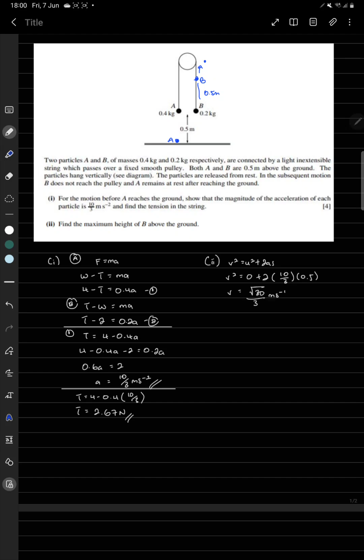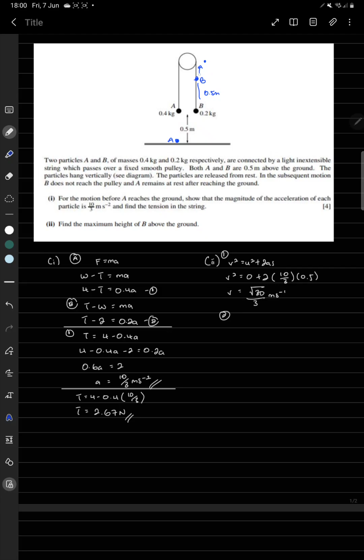All right, so this is our first step. Our second step: now we've already found v, which is going to be the initial velocity for the next motion, the free fall motion. When it reaches the maximum point, our velocity equals 0.